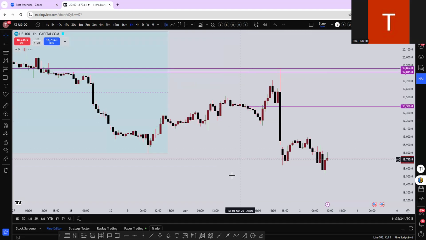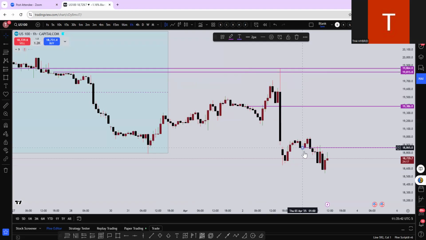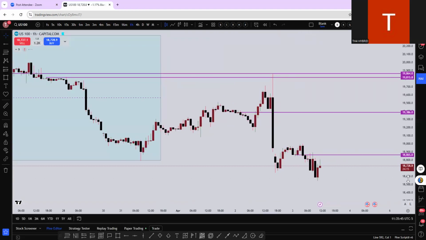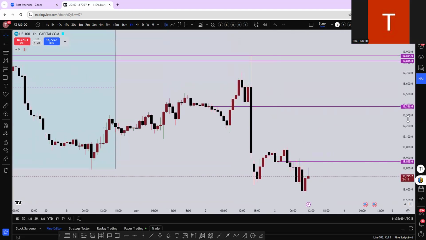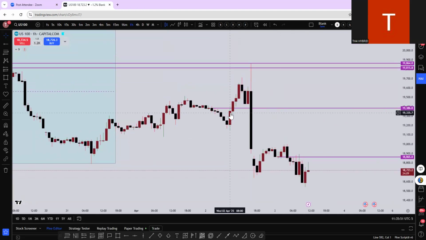the open of the day, which is 2 a.m. Central Time, to show us what movement has happened between the open and when we get on the charts.